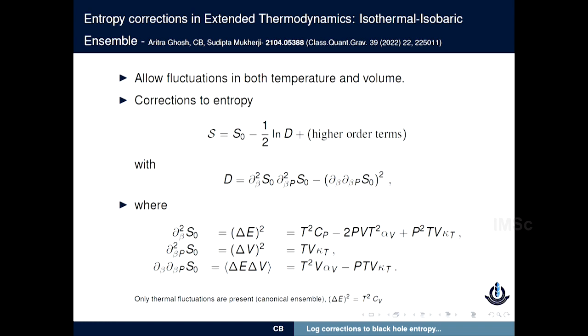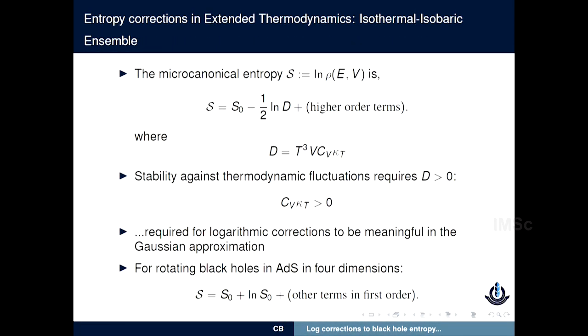So these are genuinely new corrections to the entropy of any thermodynamic system. This is not necessarily for black holes. Any thermodynamic system you take, this is the kind of corrections you are going to get. For black holes, of course, you will have to identify the temperature with the Hawking temperature and pressure with the cosmological constant, and then you can check what the corrections are.